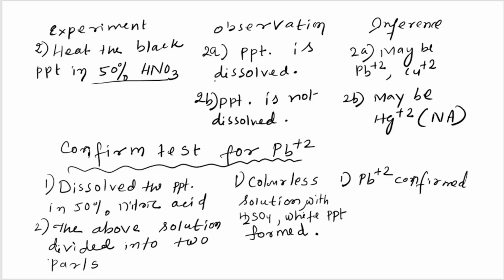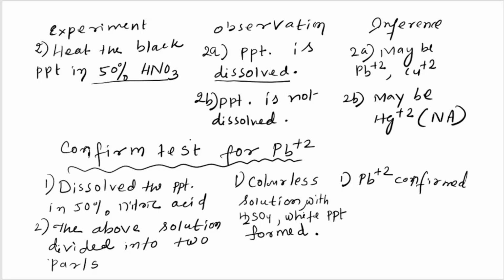Very important: you take the black precipitate, add 50% nitric acid, then it indicates it may be lead and copper. If the precipitate does not dissolve, then it may be mercury, but that is not applicable. Then what are the confirmatory tests you will see here now?